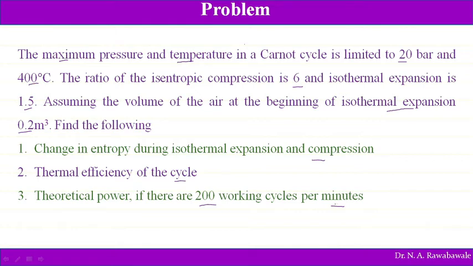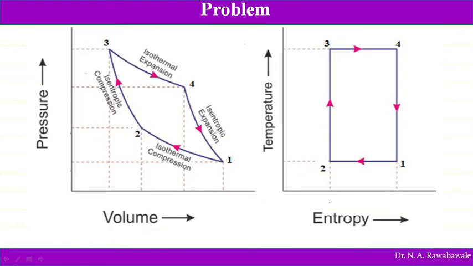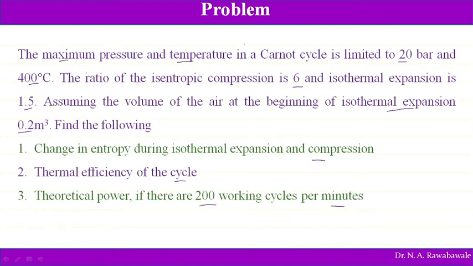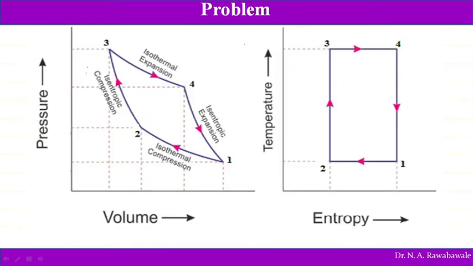Now let us see how he explains this problem. Very first he says that the maximum temperature and pressure in the Carnot cycle are 20 bar and 400 degrees Celsius. So maximum temperature and pressure are at point 3.